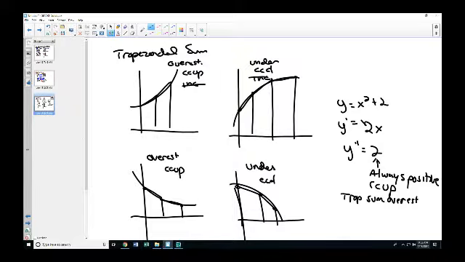It's problems from the AP exam. So you're going to be calculating left, right, trapezoidal, and midpoint sums still. And then you're probably going to have to use these techniques to show increasing, decreasing, concave up, concave down, and under and over estimates. Okay?